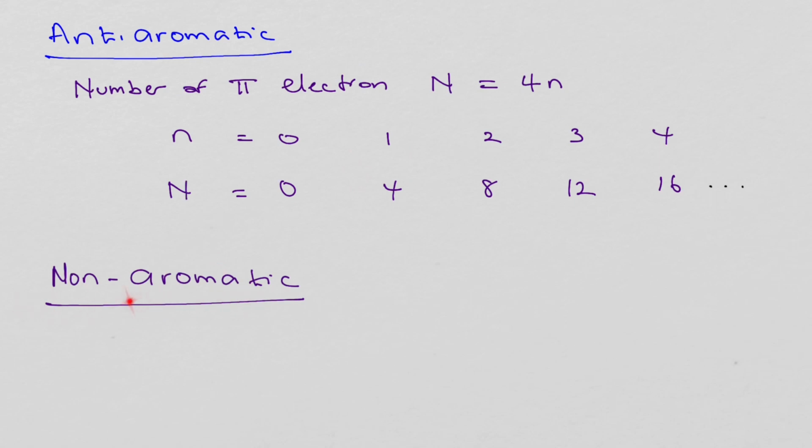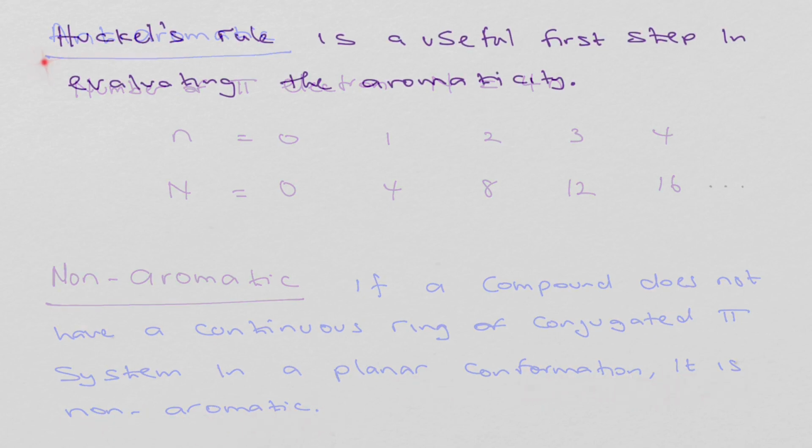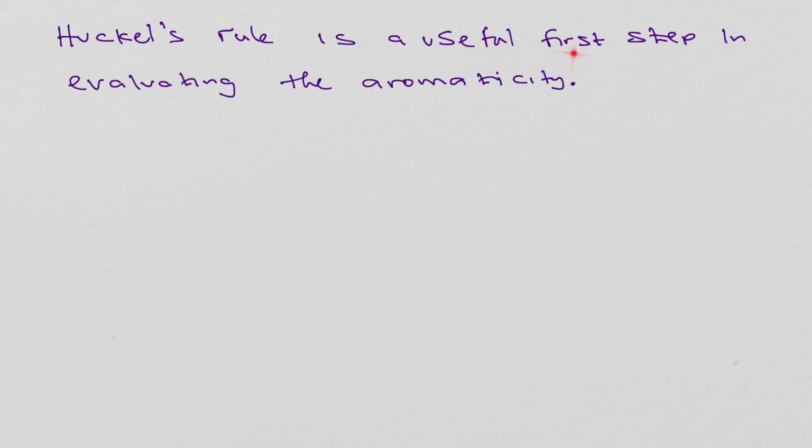Let's look at non-aromatic compounds. If a compound does not have a continuous ring of conjugated pi system in a planar conformation, then it is non-aromatic. Hückel's rule is a useful first step in evaluating aromaticity.